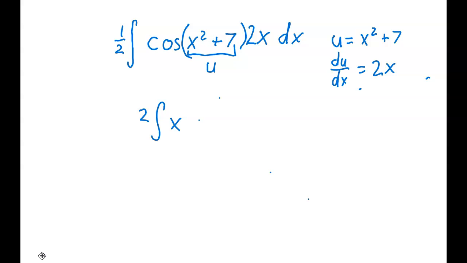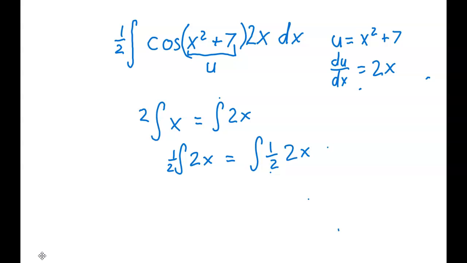So 2 times the integral of x is the same as the integral of 2x. And what that means, on a practical note, is if you have the integral of 2x with a 1/2 out here, that's the same as having the integral of 1/2 times 2x, or the integral of x. So that's why we can put that 1/2 out there.